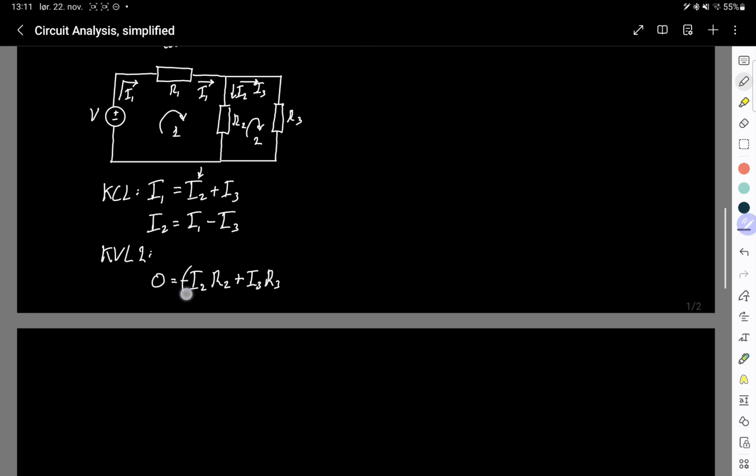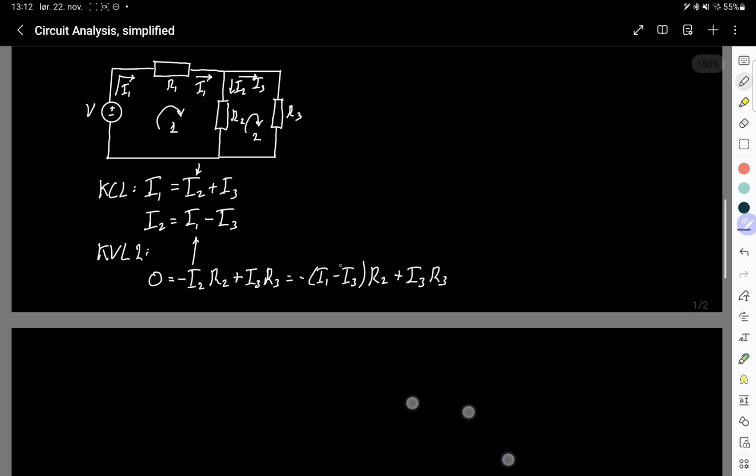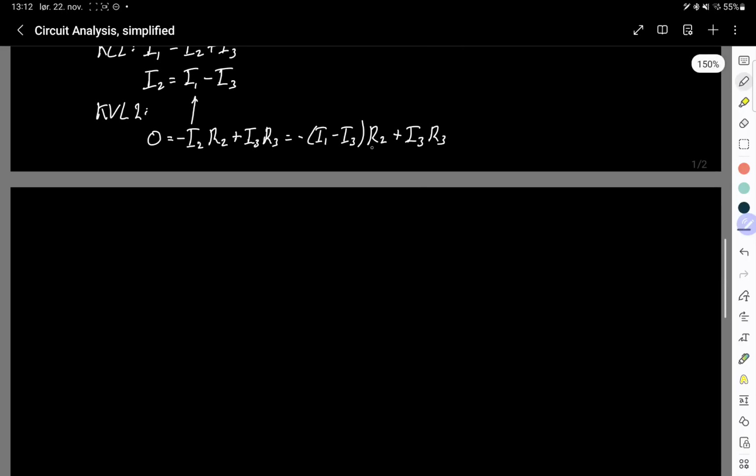Okay, and as we know, I2, as expressed here, can be changed into minus I1 minus I3 times R2 plus I3 R3. Now we can multiply this by both these values, and remember the negative sign is very important.